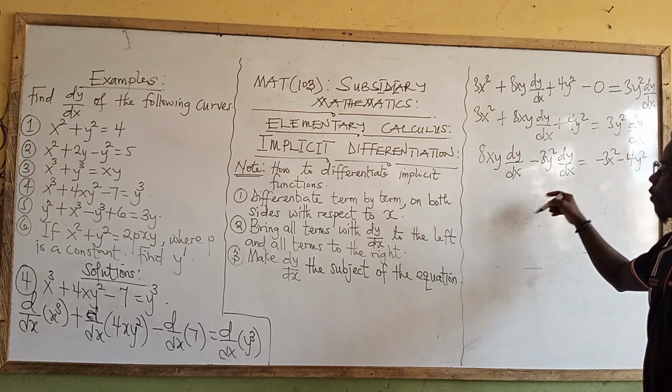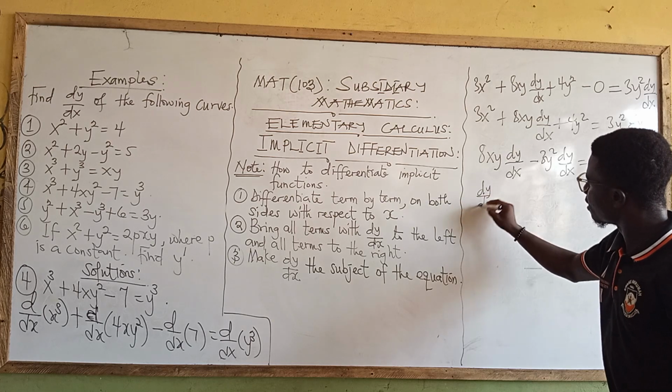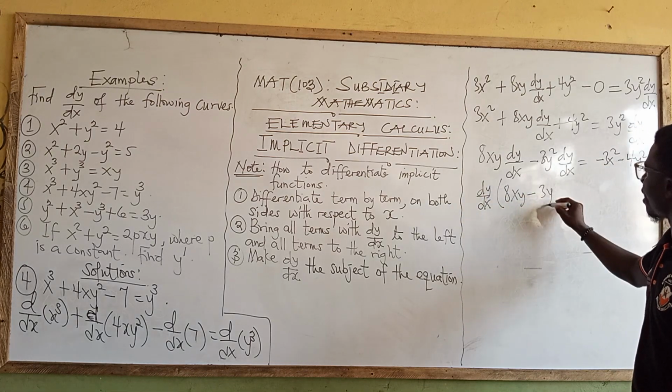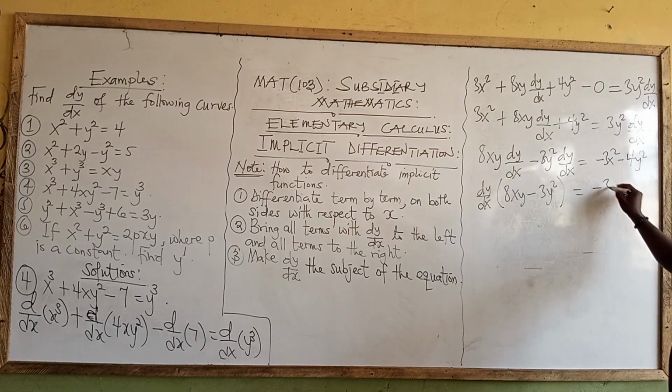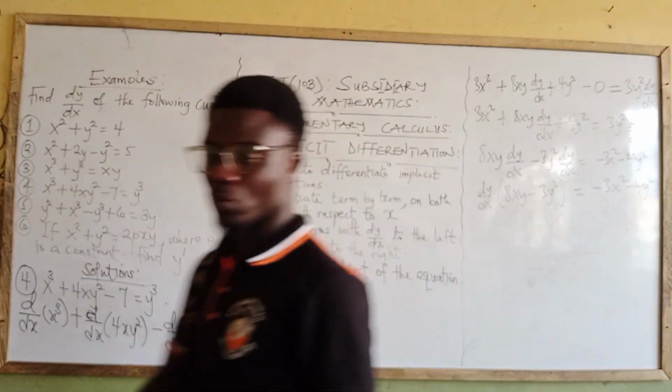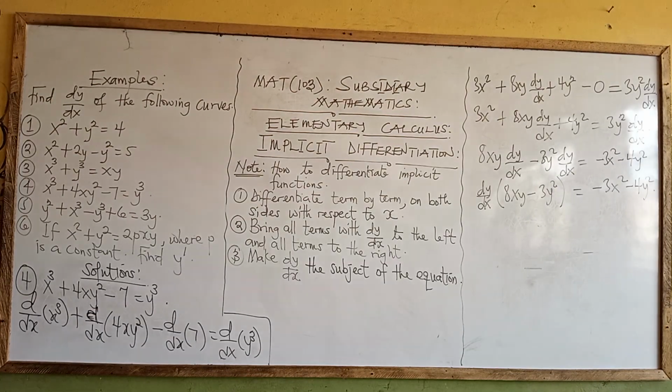Then here we factorize dy over dx out. So I get dy over dx times 8xy minus 3y squared equals negative 3x squared minus 4y squared, which is very simple and very trivial as well.